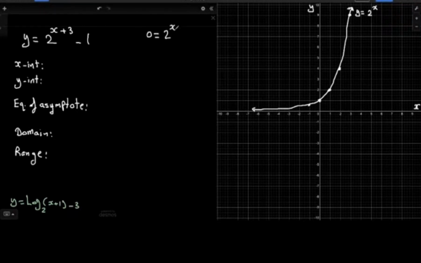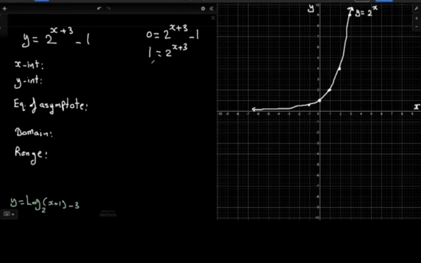0 equals 2 to the power of x plus 3 minus 1. I'm going to move the negative 1 to this side, so it becomes positive 1 equals 2 to the power of x plus 3.